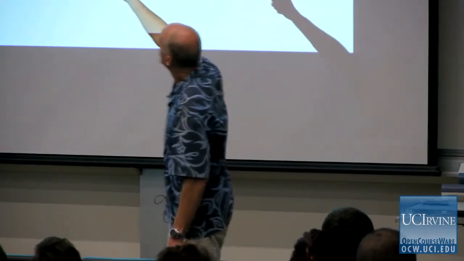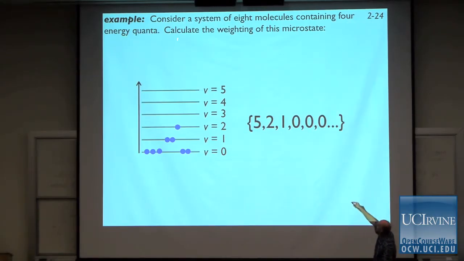So, consider a system of 8 molecules containing 4 energy quanta. 8 molecules? Yep. 1, 2, 3, 4, 5, 6, this is really too narrow, 7, 8. Should have made it a little wider.